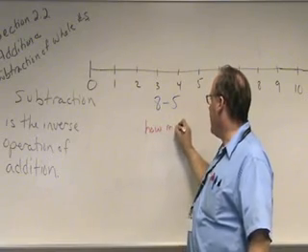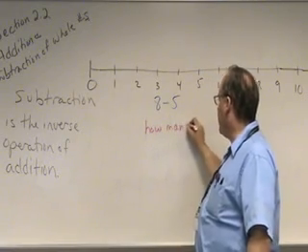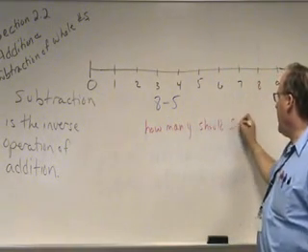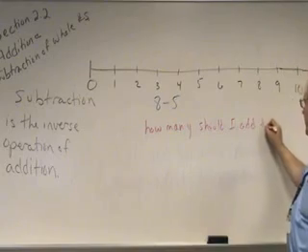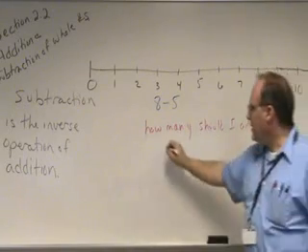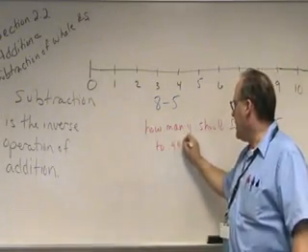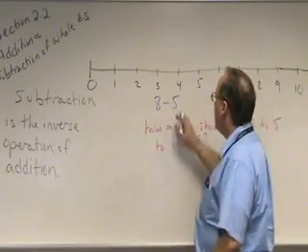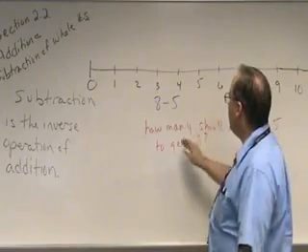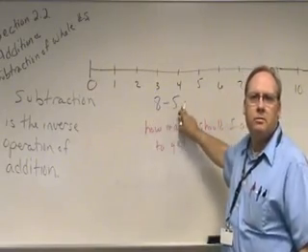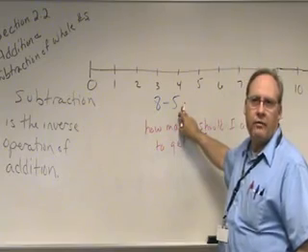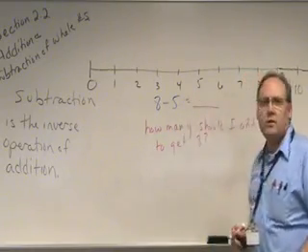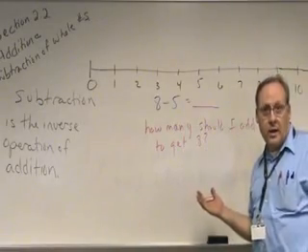How many should I add to 5 to get 8? Okay. So here, essentially, this could be my goal, and this should be what I've got already. And what I want is to know how many more I need.